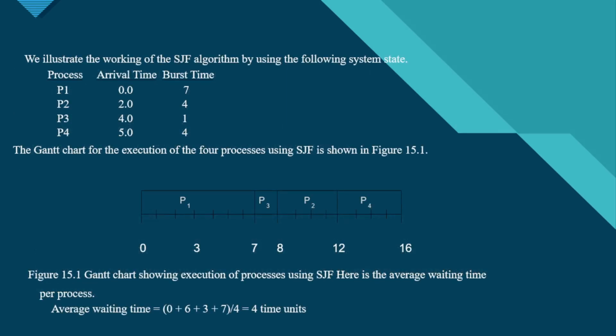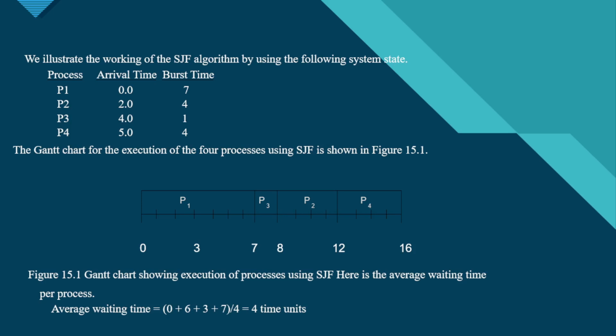We illustrate the working of the SJF algorithm by using the following system state. We have here the four processes, the arrival time, and the burst time. The Gantt chart for the execution of the four processes using SJF is shown in figure 15.1.